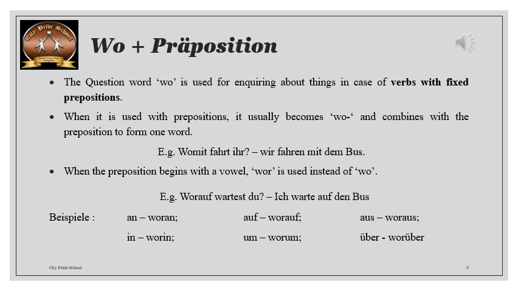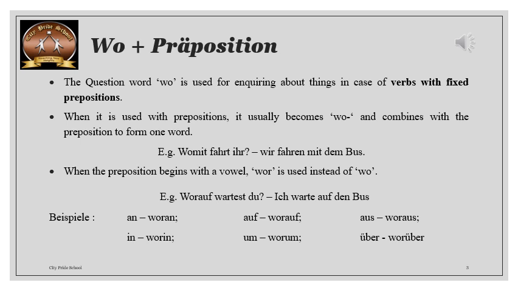If we want to form the question for by what, we will first use wo and we will add whatever preposition is there for that verb with fixed preposition with that wo. So here womit has been used. Similarly, ich freue mich auf den Urlaub was the sentence. So there wo plus auf should be used. But if the preposition begins with a vowel, wor is used instead of wo.